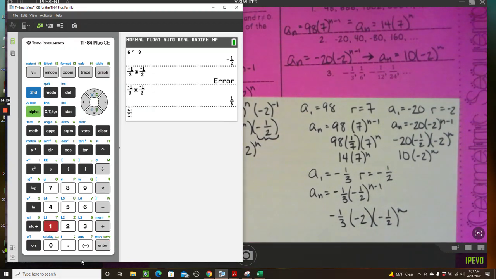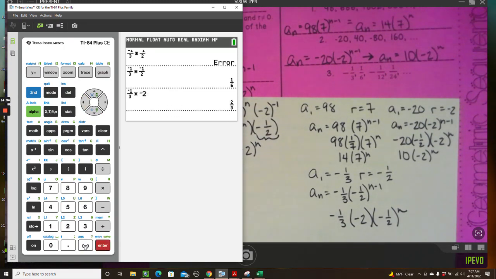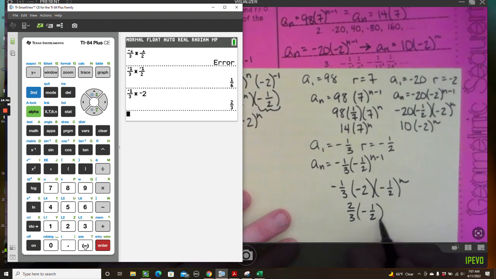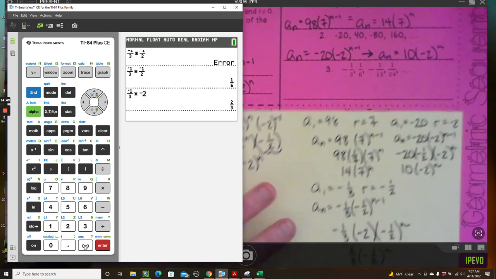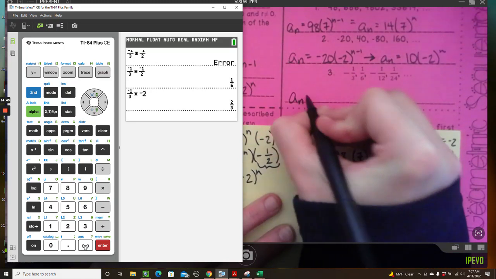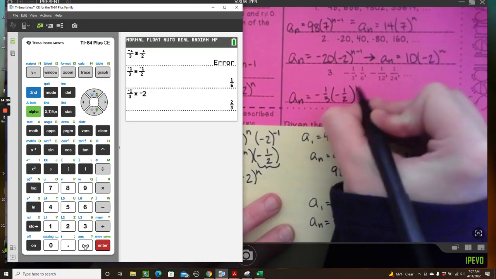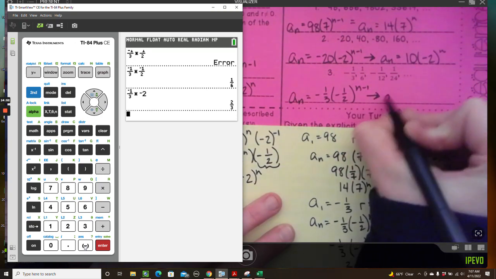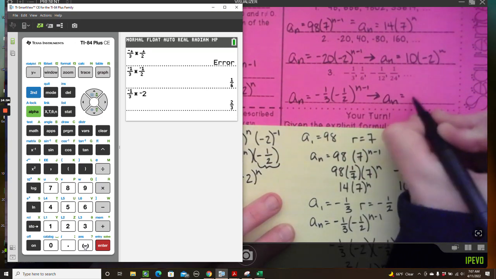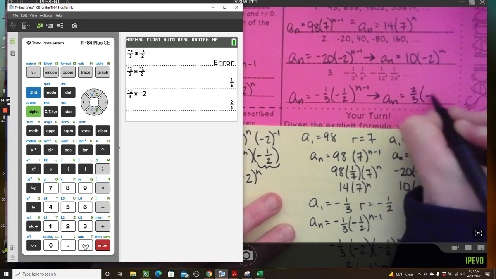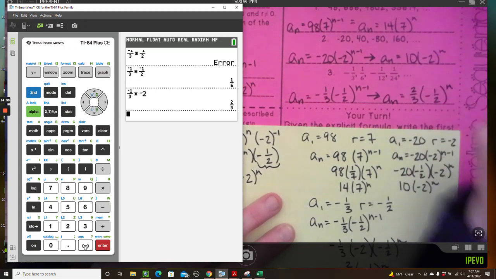So negative 1/3 times negative 2 gives me 2/3. 2/3 times negative 1/2 to the n. So unsimplified, negative 1/3 times negative 1/2 to the n minus 1. Simplified, 2/3 times negative 1/2 to the n power.